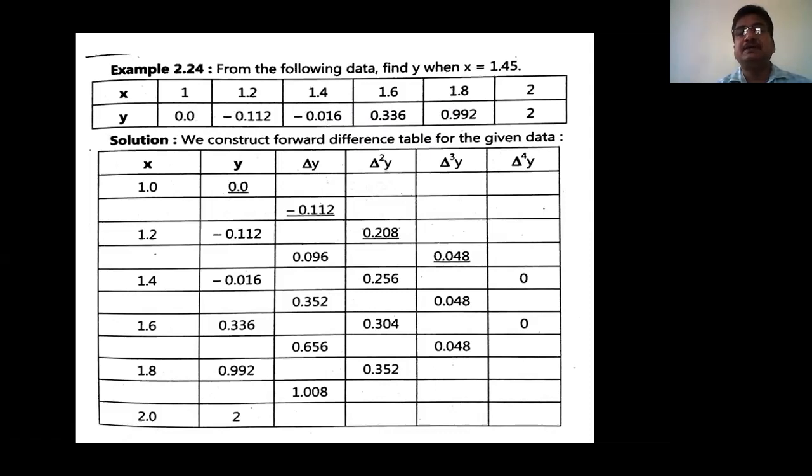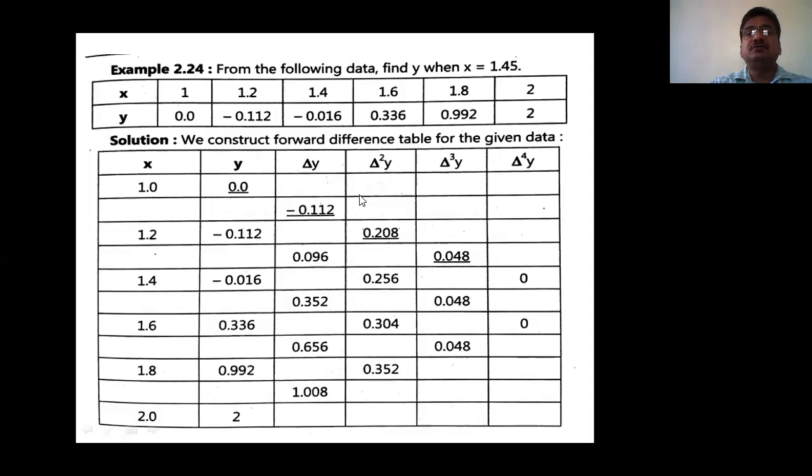If the values of x are equidistant and the interpolation is at the end of the table, use Newton's backward interpolation formula. And if the values of x are not equidistant, use Lagrange's interpolation formula. So we will solve this problem by using Newton's forward interpolation formula.